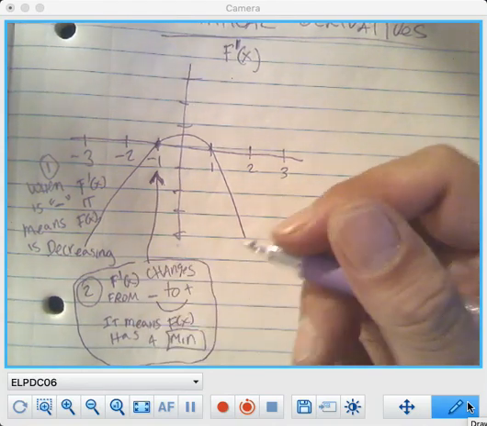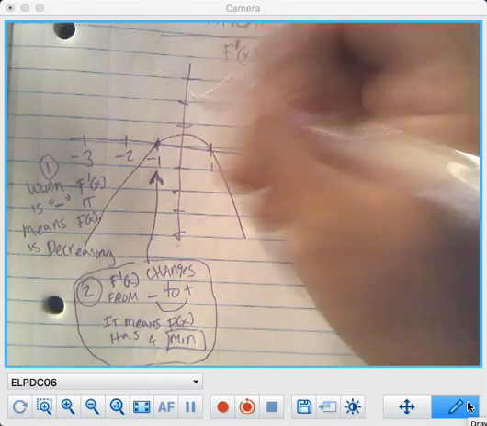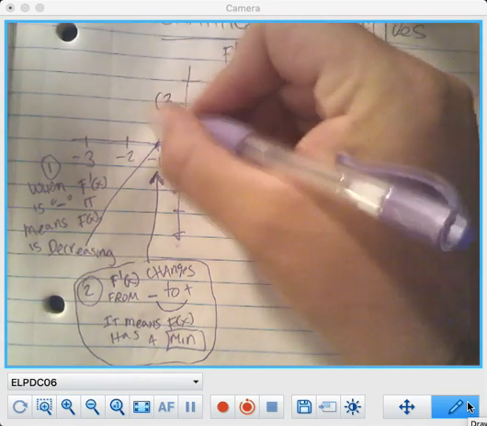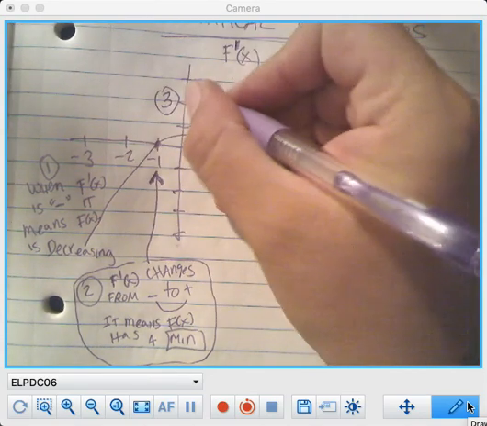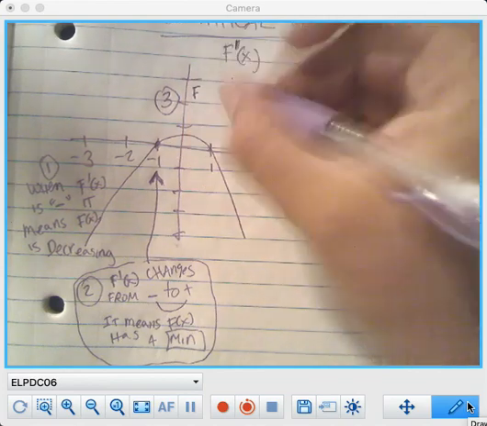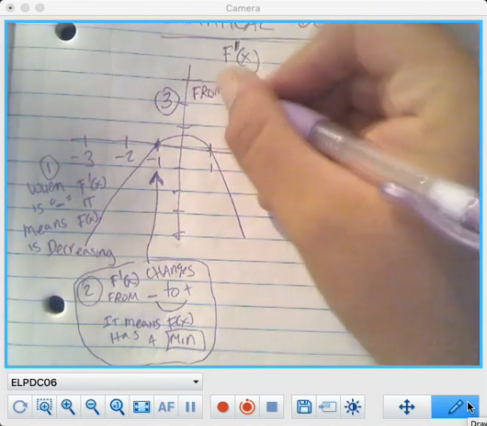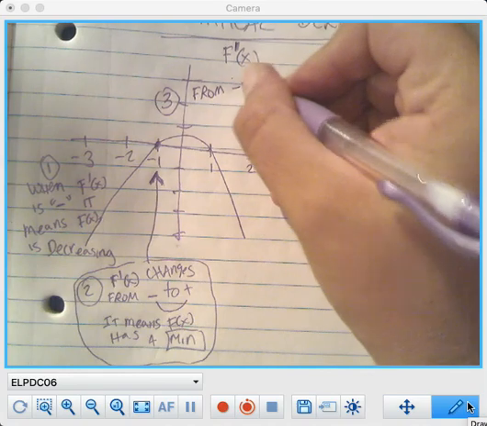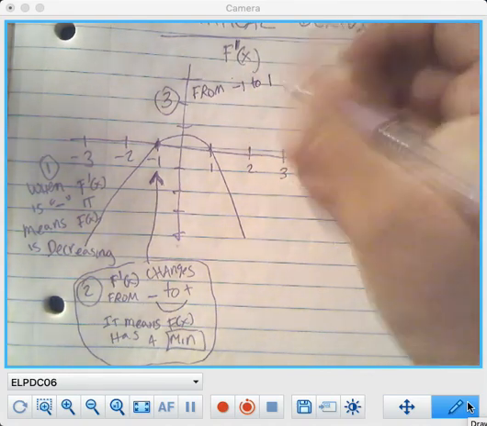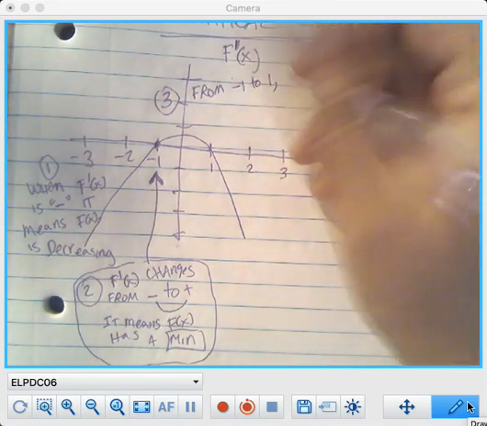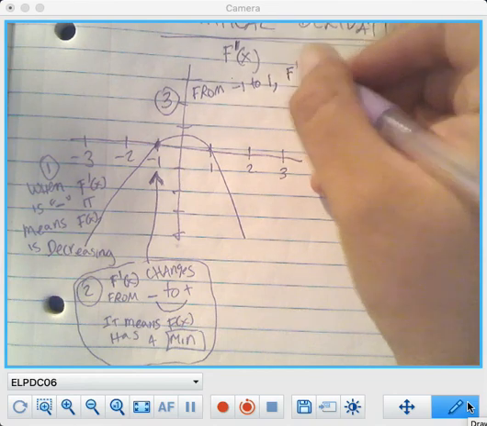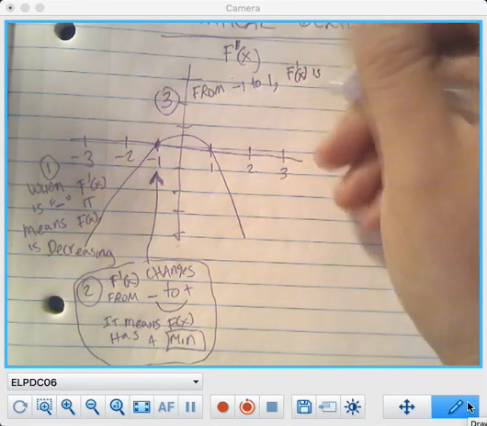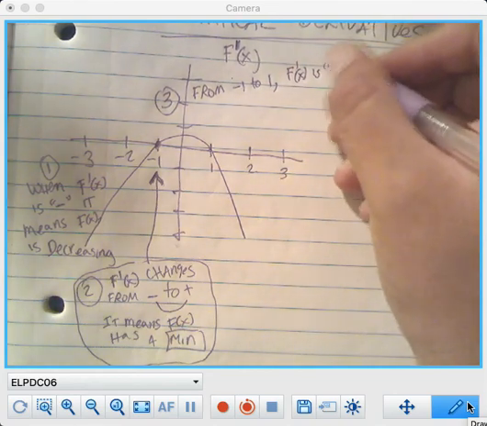Okay, number 3, I put it right here at the top. From -1 to 1, f prime of x is positive.